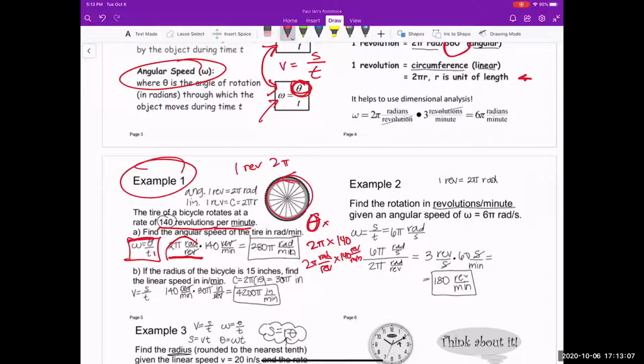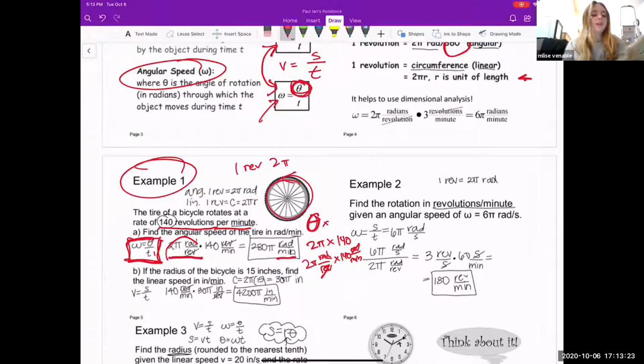This angular speed has to be rad per minute. So once you multiply that, the revolutions cancel, and you just get 280 pi rad per minute. Okay. Wait, I'm going to take a picture of this so I can look at it later.